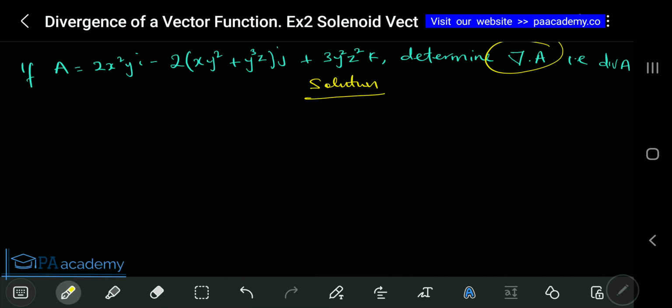All right, so now let's continue. So this is the question, and we are asked to look for the divergence. That's div A or div A, whichever way you want to call it. All right. So again, let's start with writing out the formula.